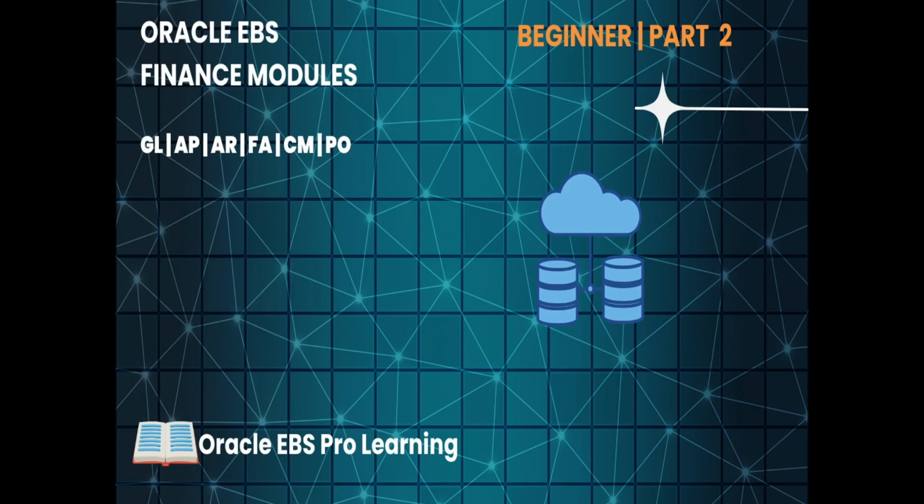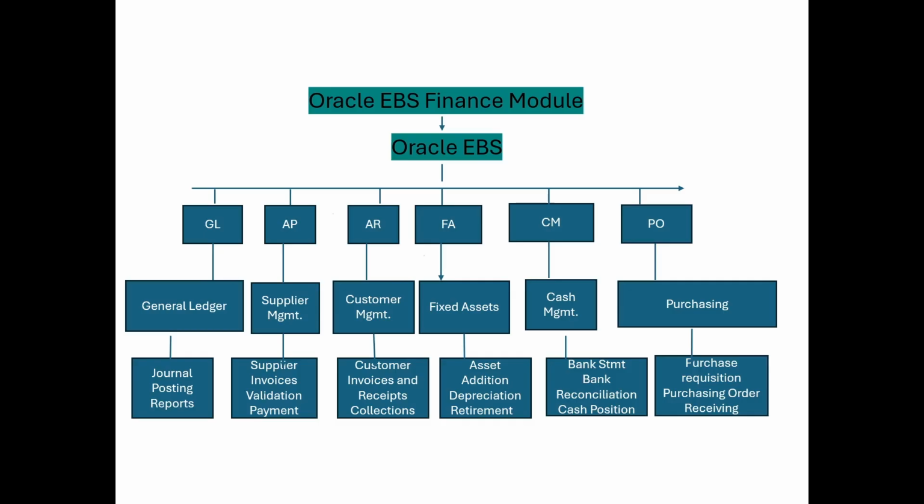So this is the Oracle EBS financial module diagram. I have added all the financial modules: GL stands for General Ledger, AP stands for Accounts Payable, AR stands for Accounts Receivable, FA stands for Fixed Assets, CM stands for Cash Management, and PO stands for Purchasing.